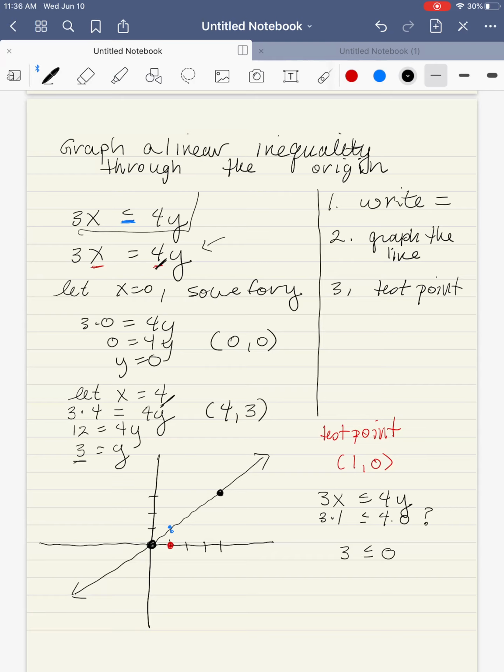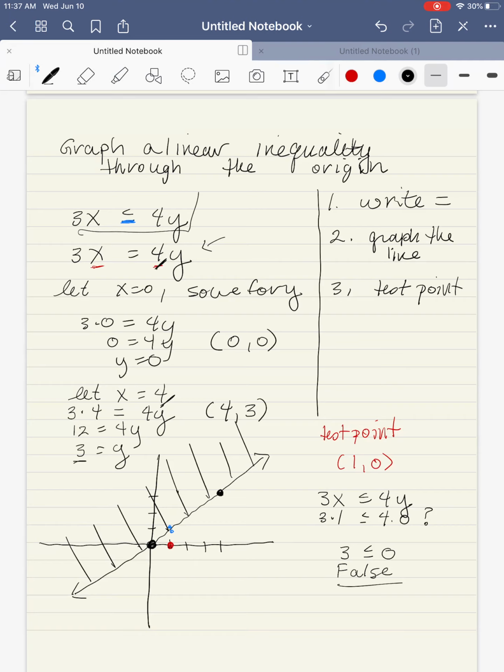So I have 3 is less than or equal to 0. And we know that that is false. 3 is not less than or equal to 0. So that means the point 1, 0 is not on the side that I want. So I want everything on the other side, going away from that ordered pair. And I have solved my inequality.